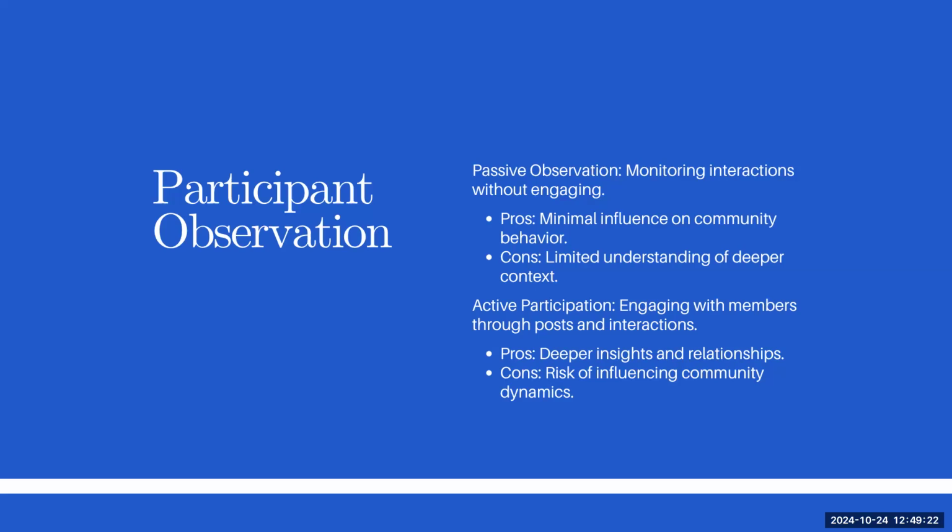The other portion of it is the active method, and within these communities, you could be the one asking questions, you can be the one posting, you can be the one interacting in real time with the members, or posting something that you may think is thought-provoking and seeing how people are going to respond, and so forth.